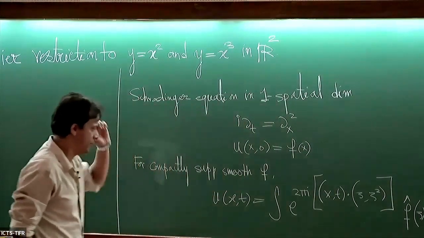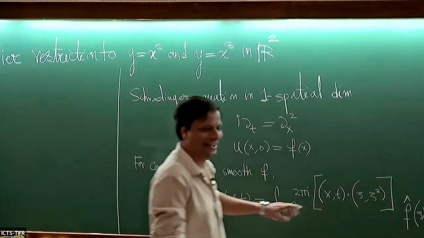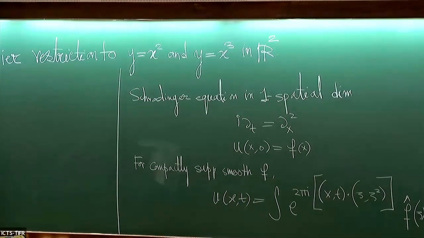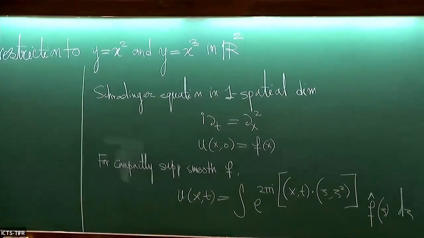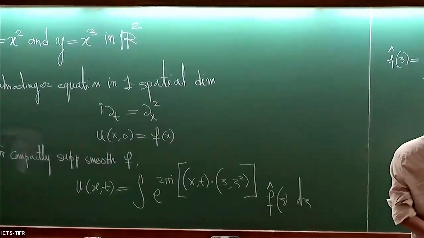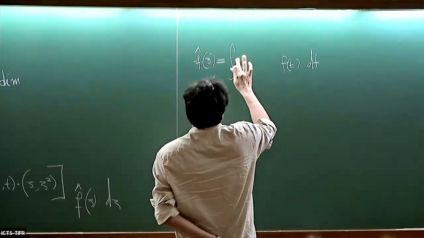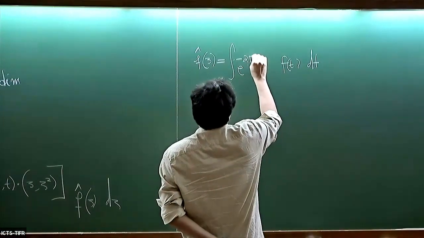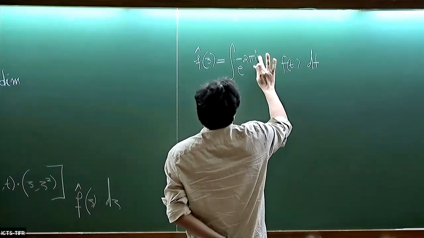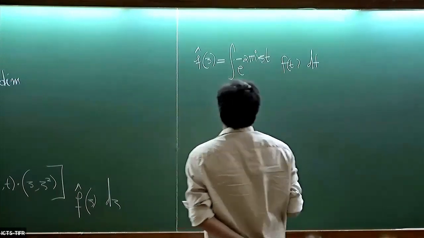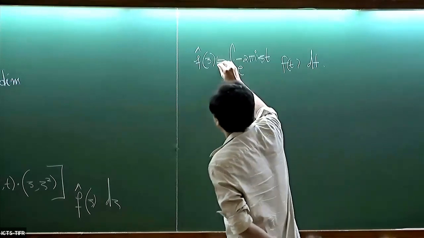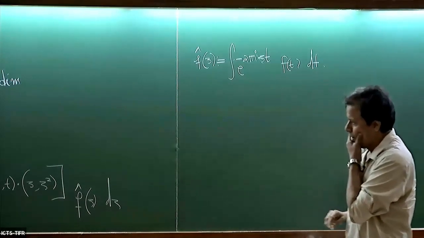Let me write the trivial definition of the Fourier transform: for a function of one variable, you integrate f against this oscillating factor e to the minus 2 pi i zeta t, f of t dt. That's the definition.